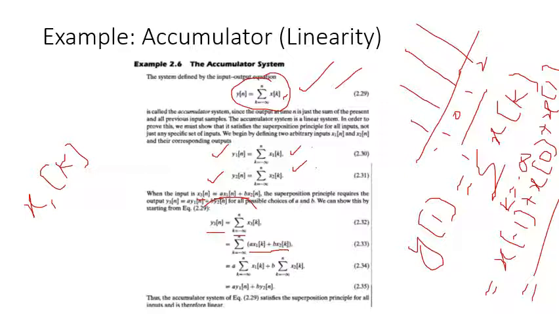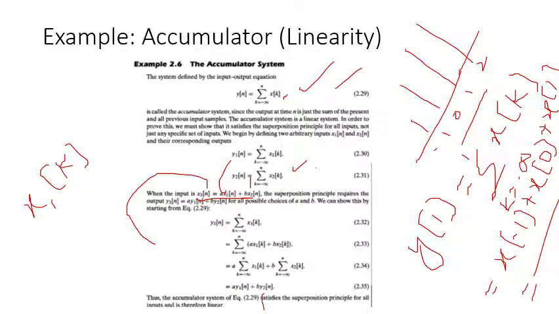Now if I expand this summation, we get a times the summation of x1[k] plus b times the summation of x2[k]. We can see that this whole thing was y1 and this thing was y2. So it means that if we have addition at the input, we have addition at the output. If we have scaling at the input, we have scaling at the output.